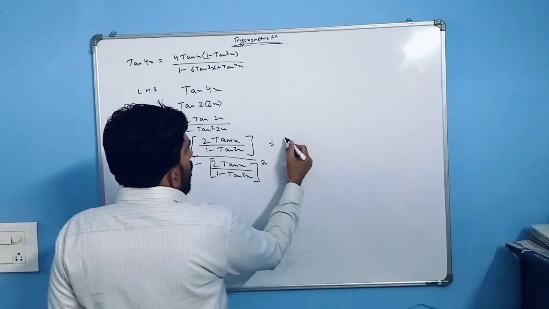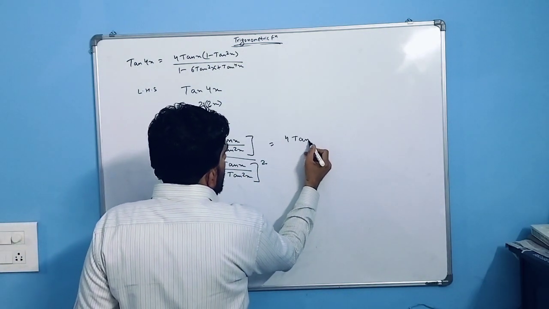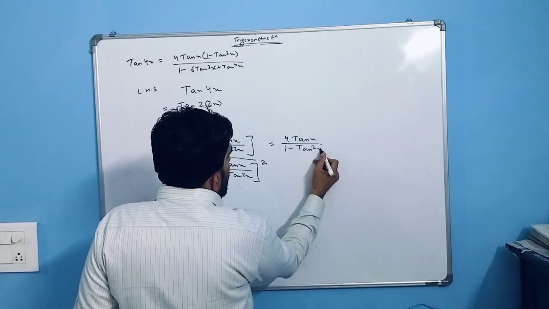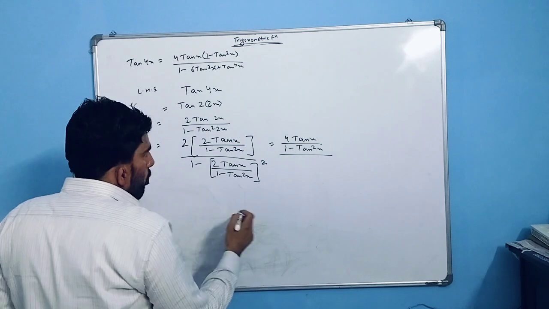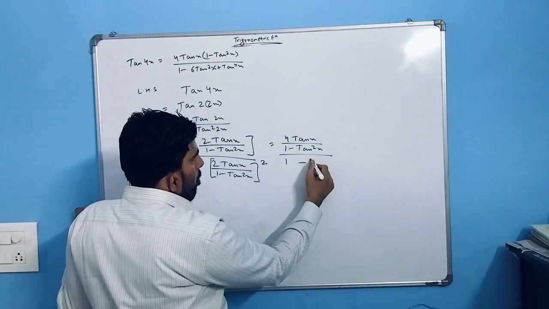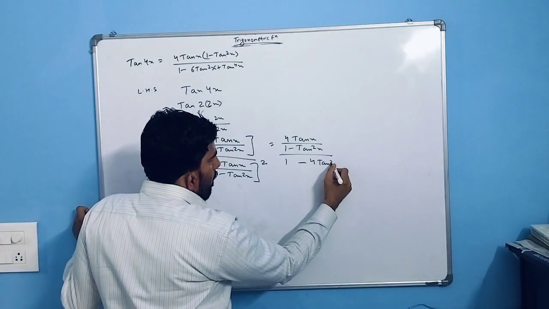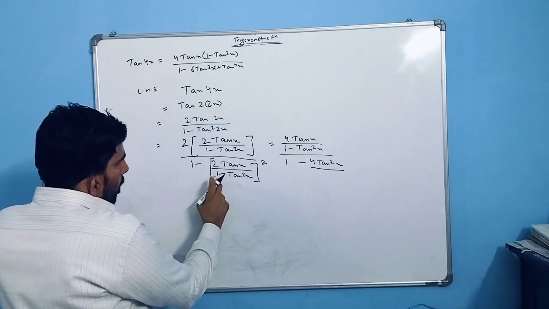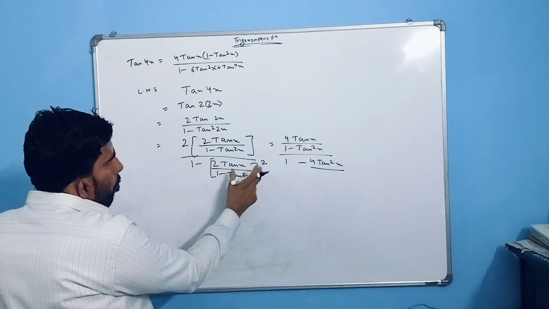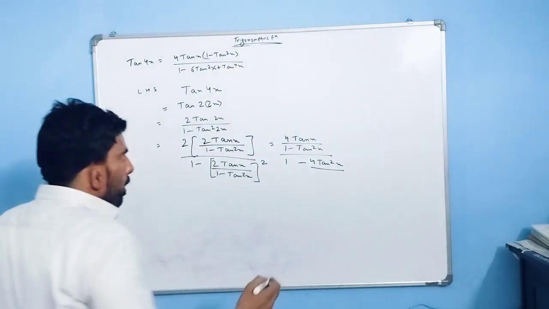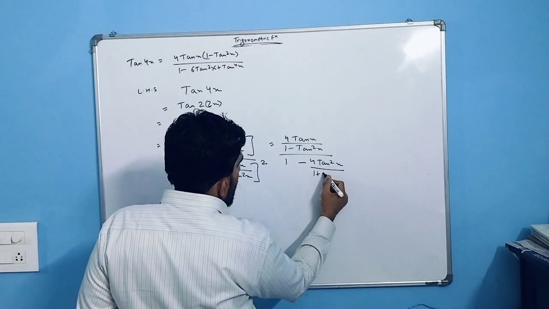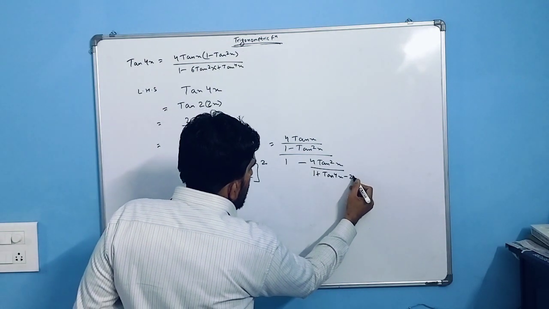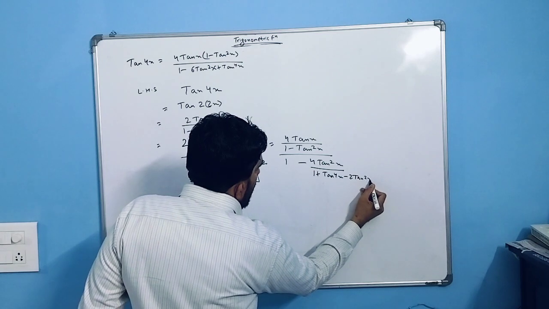2 into 2, 4 tan x upon 1 minus tan square x upon, here we will sort out 1 minus 4 tan square x upon (1 minus tan square x) whole square. A minus b whole square, so we will apply a square plus b square minus 2ab.